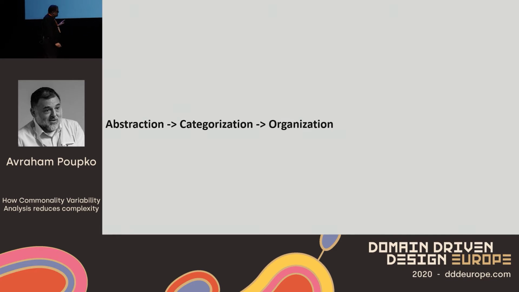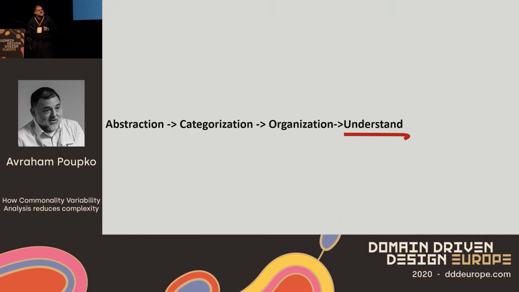So once we're able to abstract and categorize and organize, we could start talking about understanding the world. We can't understand the world unless our knowledge is organized. Synonyms for understanding might be things like grasp or comprehend.